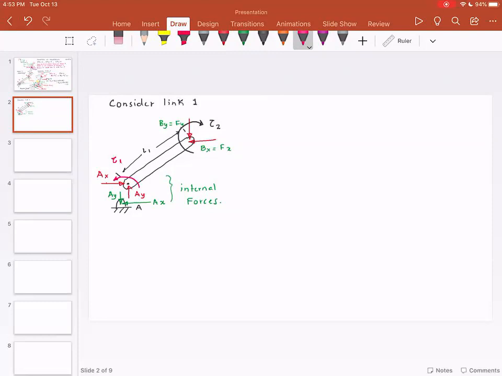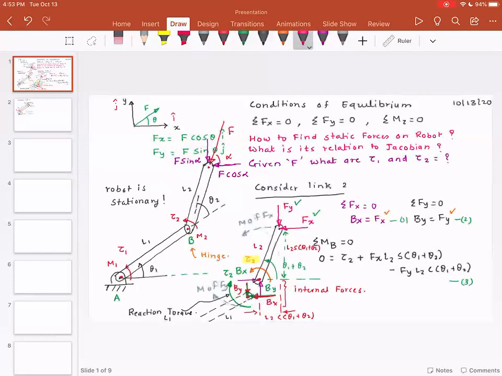So on this link, B is the joint, and joint B is shared by link 1 and link 2.